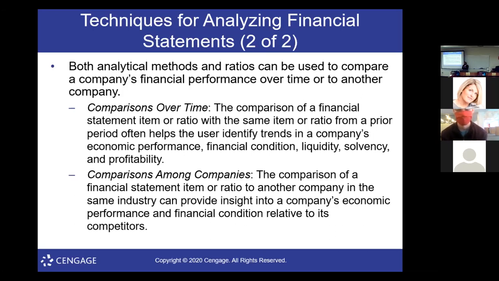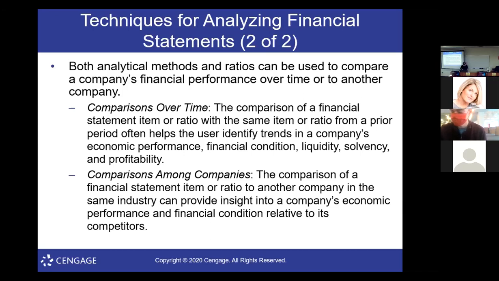What we're doing is asking, how does it look over the past 5 years? So a comparison over time is for the same company and how it has performed in those specific areas over a certain period of time. It helps us identify trends in a company's economic performance, financial condition, liquidity, solvency, and very importantly, profitability.